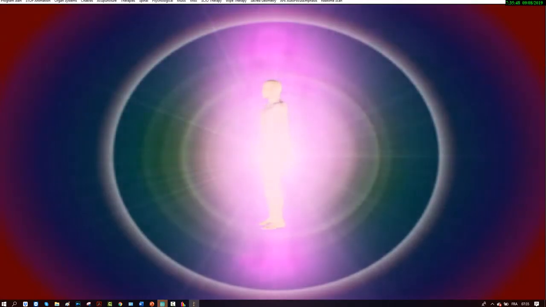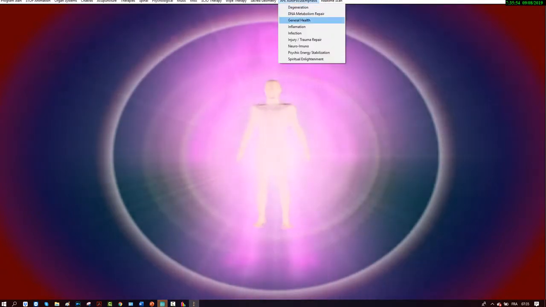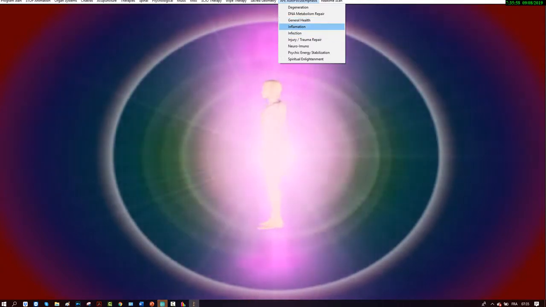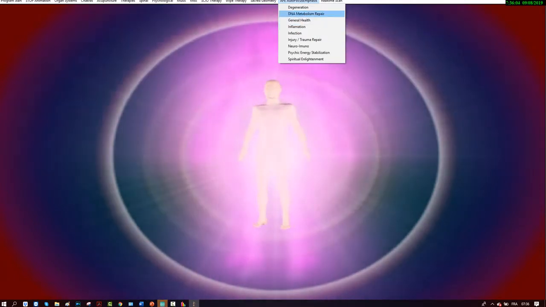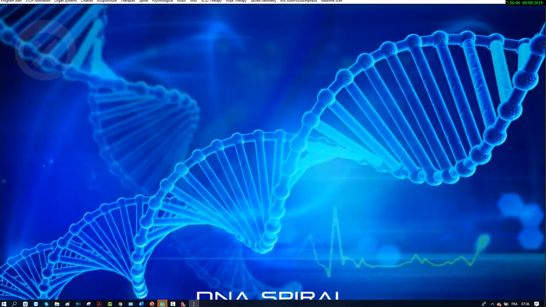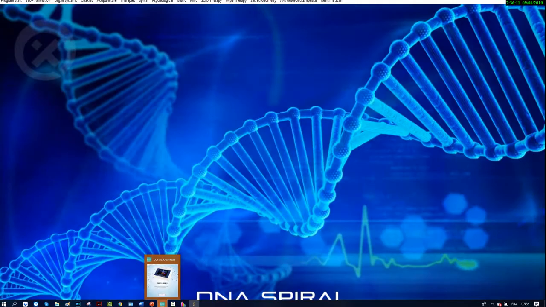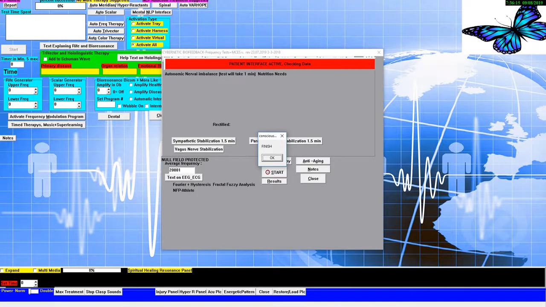We like to work on the aura here, and then some therapies we call the autofocus, meaning therapies that work on something specific: inflammation, general health, DNA. I will look at the DNA here. So you understand why it is so interesting, because we can work in various modules in parallel.